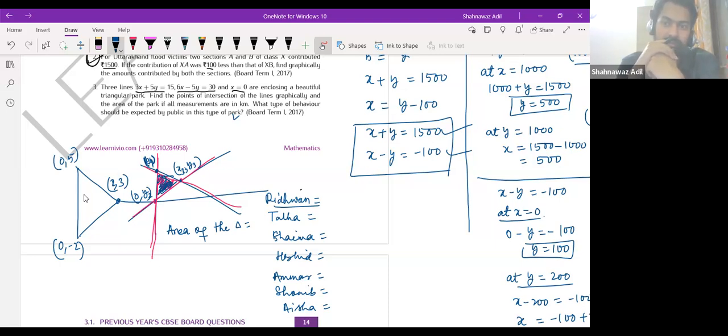Let me think. Okay, you are thinking. Yes, Talha, how can we calculate the area of this triangle? Quickly, quickly. If you are thinking, just tell me that you are thinking, and then I'll move on to Shaima. Okay, Shaima, how can we calculate the area of this triangle?